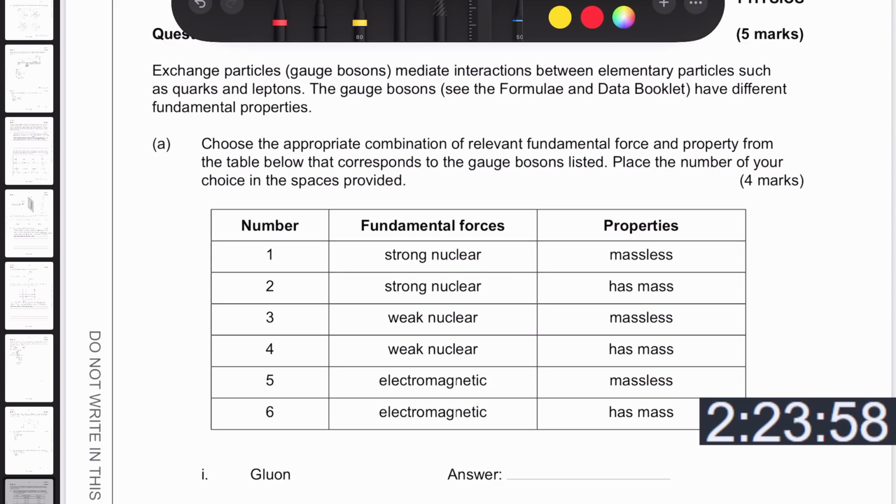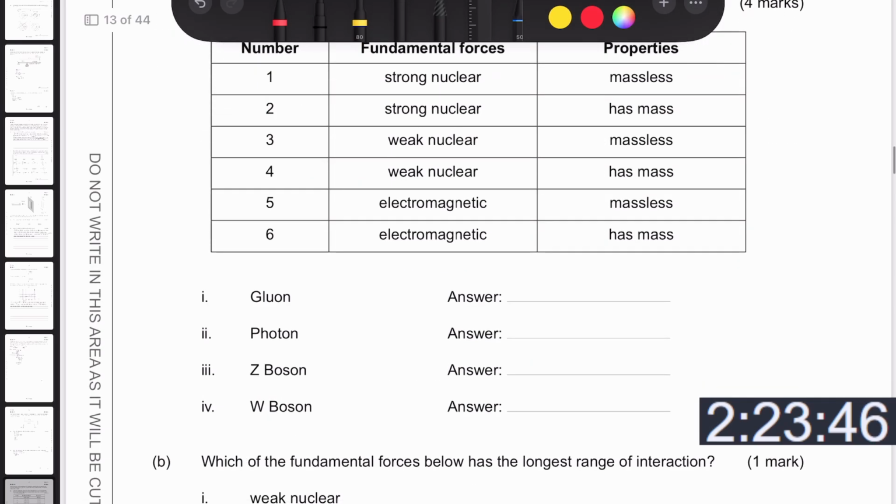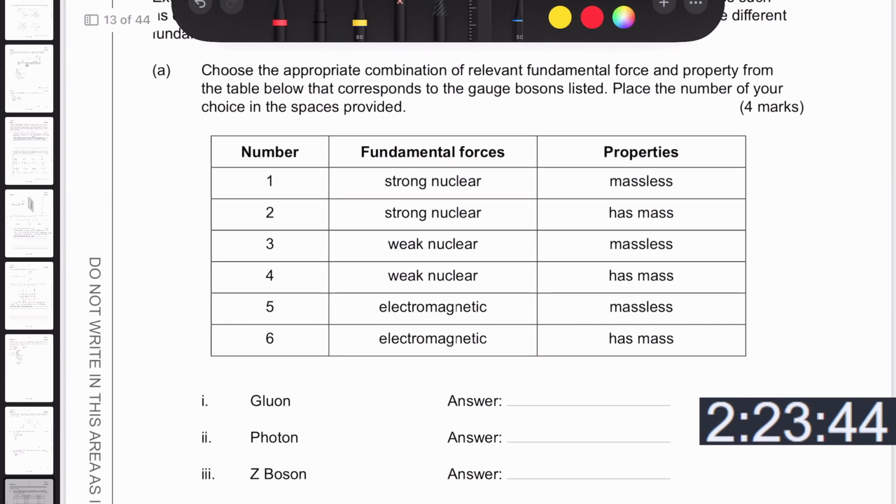Choose the appropriate combination of relative fundamental force and property from your table below that corresponds to the gauge boson listed. Place the number of your choice in the space provided. So gluon is the strong nuclear force, and I don't think gluons have mass.